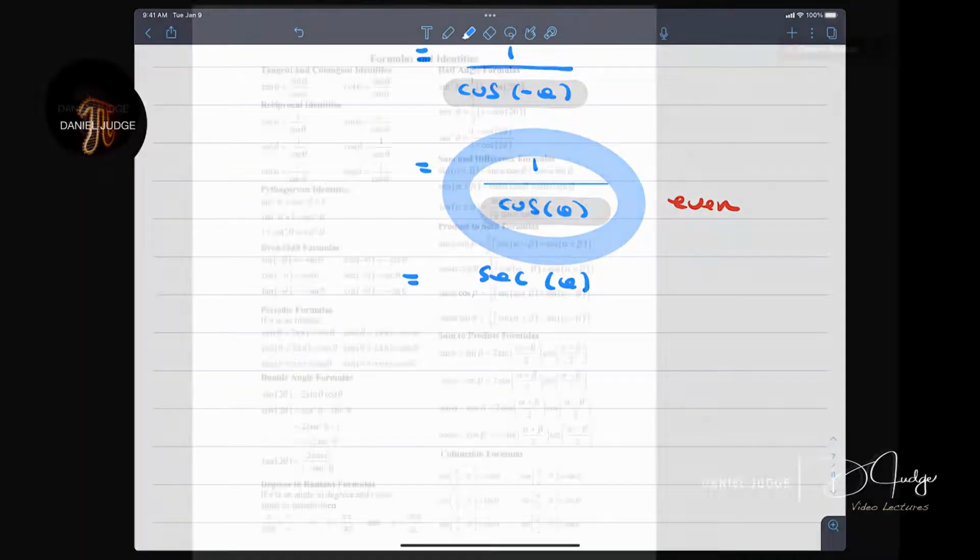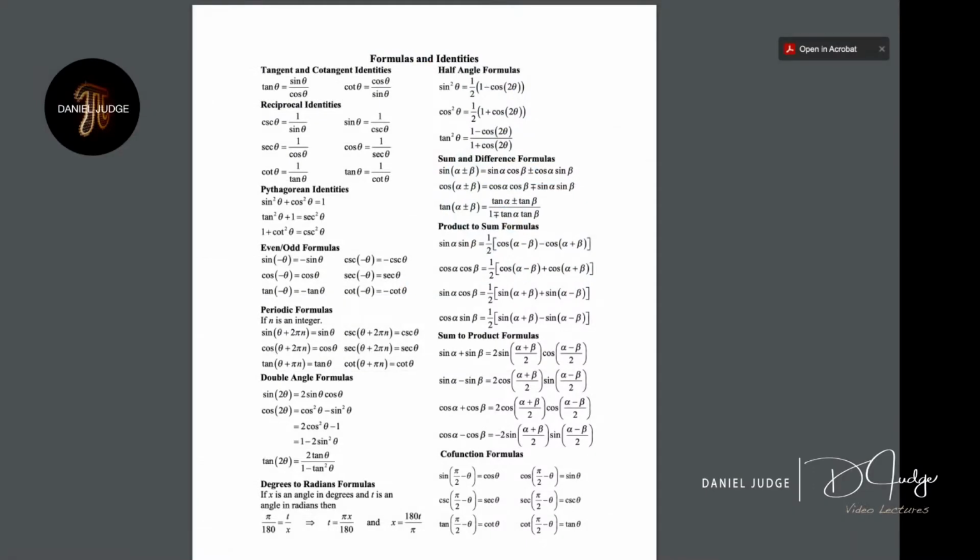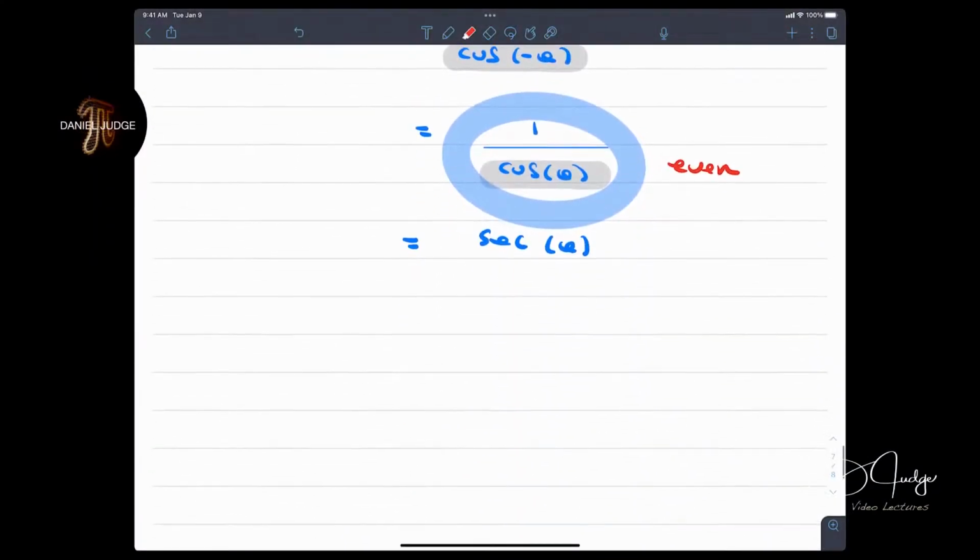So you're not doing anything without knowing these identities, ladies and gentlemen. And that's going to be on your right-hand side, secant theta. And there it is, ladies and gentlemen. Secant theta, that's on the right-hand side.